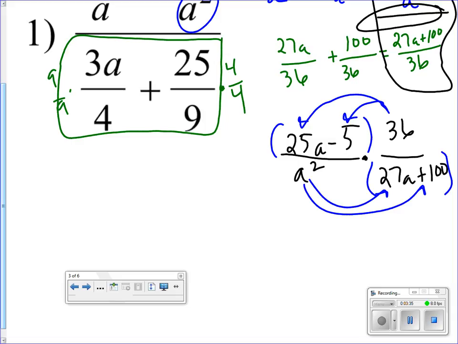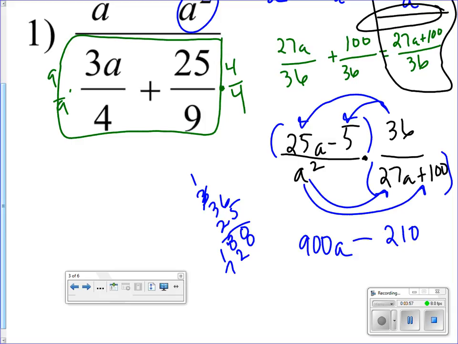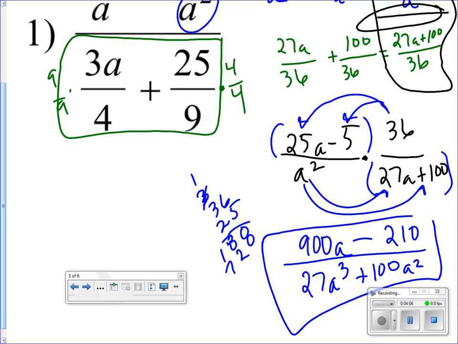I don't have a calculator in front of me. If you see a mistake here, just do it correctly. I'm getting 900. I believe that's 210, 5 times 36. And then 27a cubed plus 100a squared. So a complex fraction is simplified when you have just one single fraction.